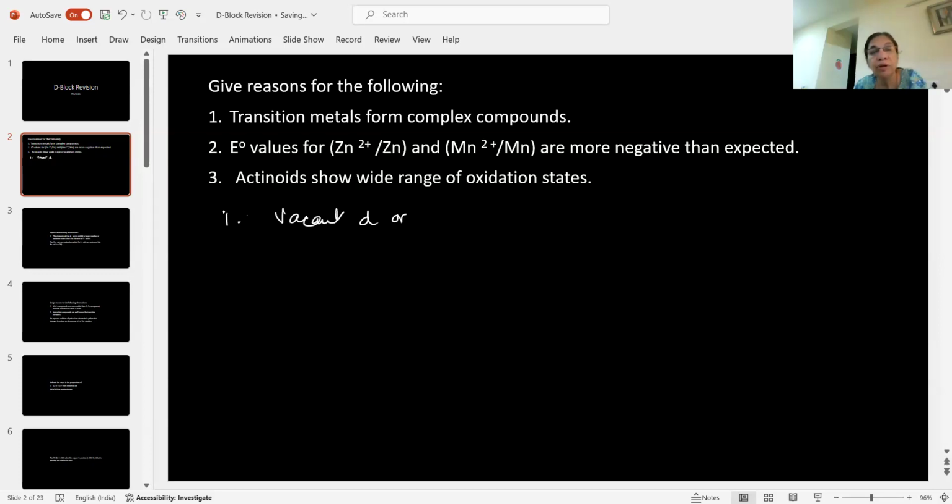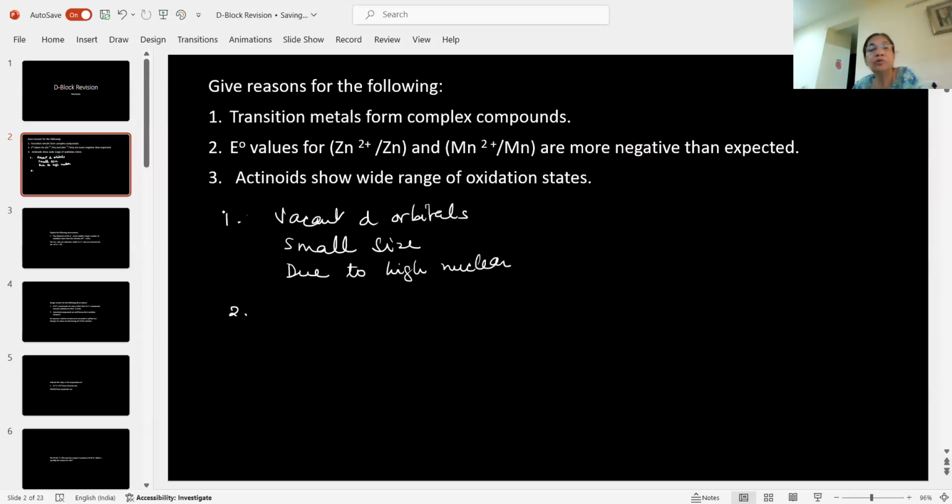The other reason is because they have a small size. And the third reason is due to high nuclear charge. They have high nuclear charge, so the size becomes small and they are able to attract ligands into their vacant d orbitals. So that is why they form complexes.